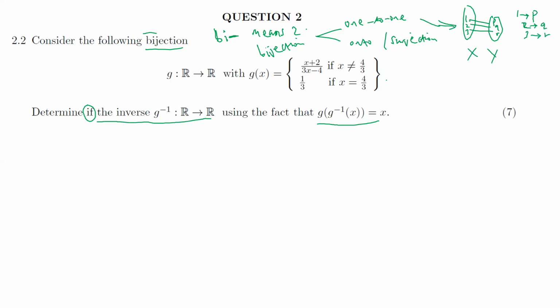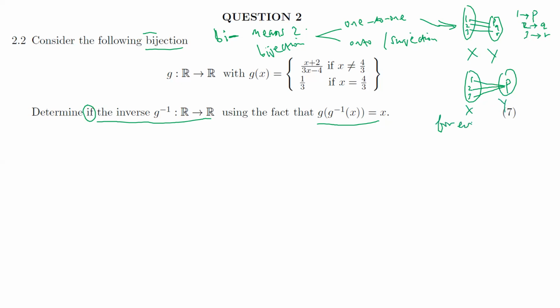A surjection would mean this would be a surjection. So you take P here, and you put 1, 2, 3. X, Y, they are sets.